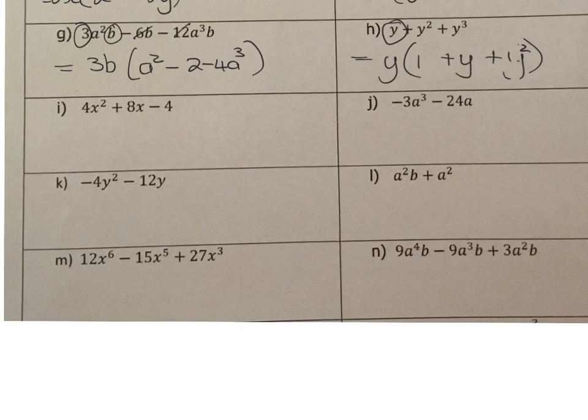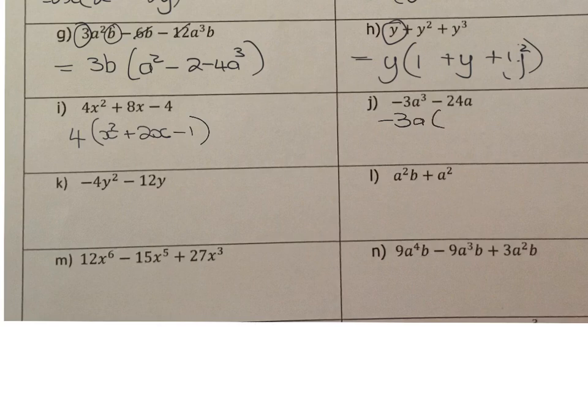This one, my common factor is only 4. 4 times x squared will give me 4x squared. 4 times what will give me 8x? It will be 4 times 2x. And the next one, 4 times what will give me 4? 4 times 1. Yes, there are again two possibilities. Minus 3a can be my common factor.